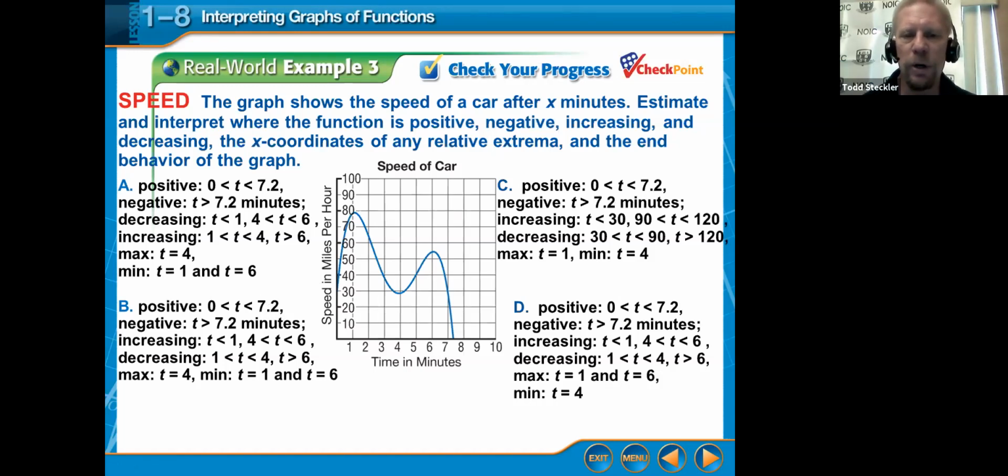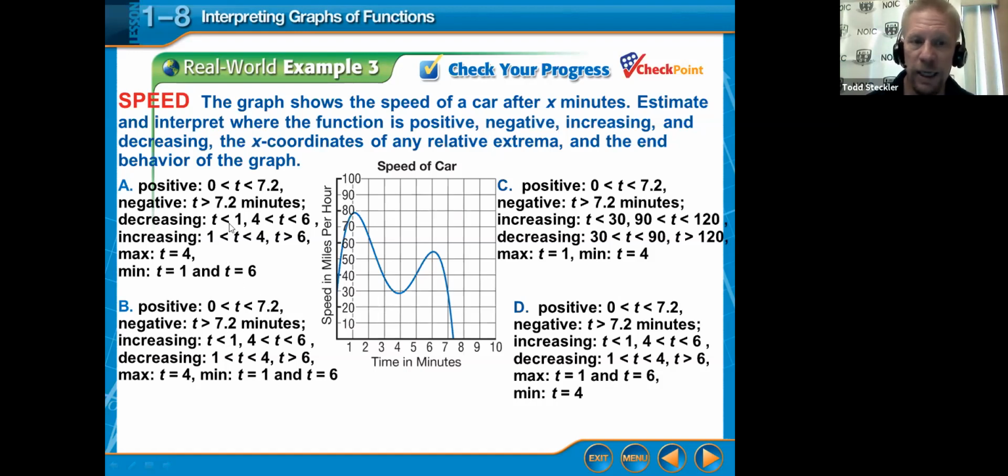Let's now talk about where the function is increasing. Increasing means as we travel from left to right, the graph is going upwards. So as I'm tracing along right here, this is an increasing interval from 0 minutes to 1 minute. So that says here t less than 1. B looks like it could be correct.